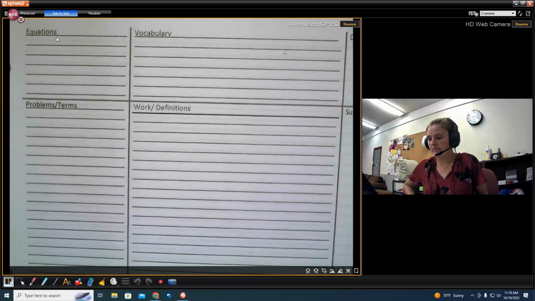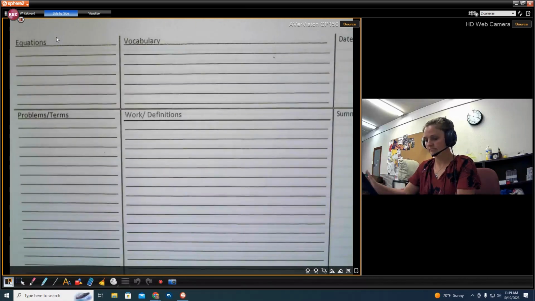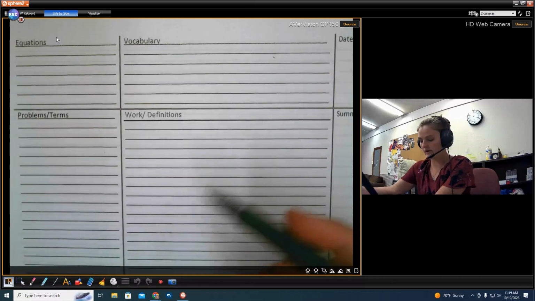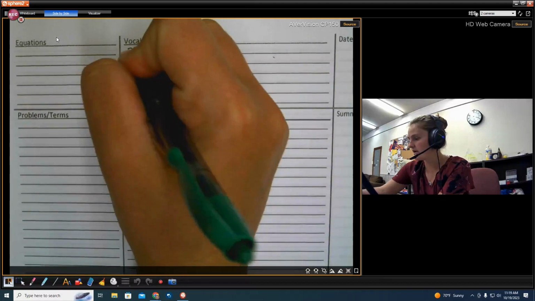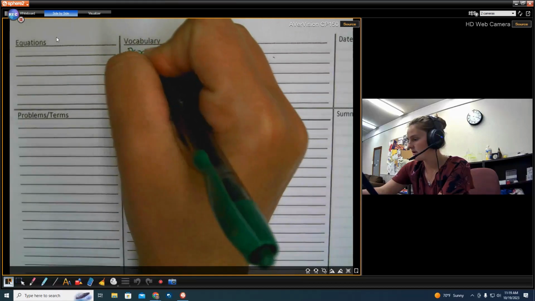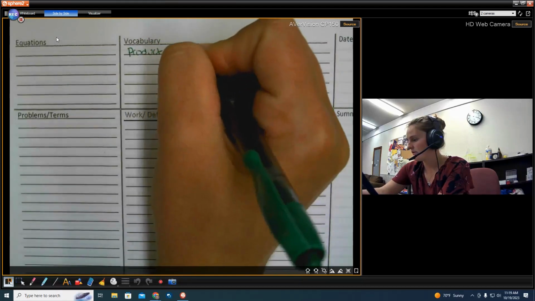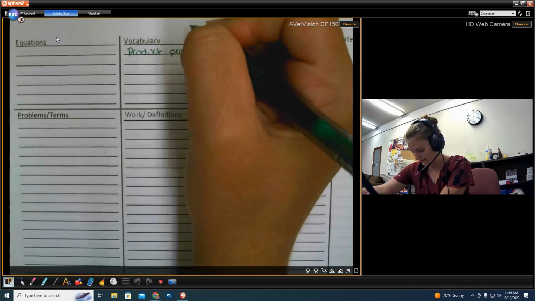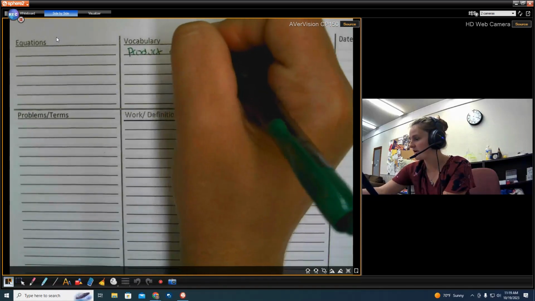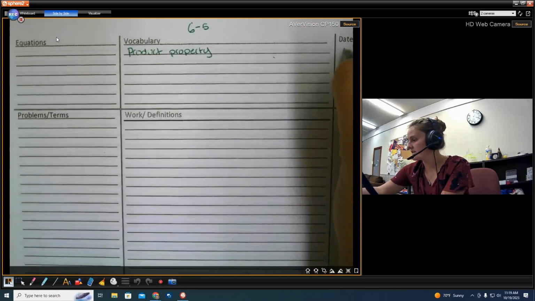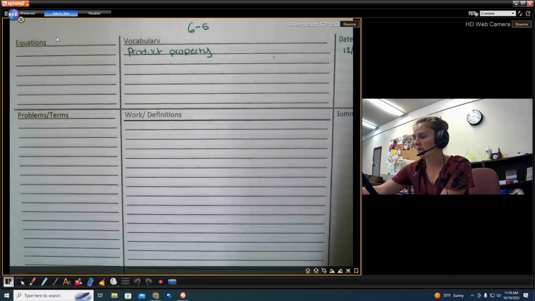Okay, so that being said, we are going to write that in our vocabulary portion, and we are writing it in green. So make sure you have your color in green. So we're going to say product property. Before we get too far, I'm going to write that this is 6-5 up here, and that the date is 12/3/23.